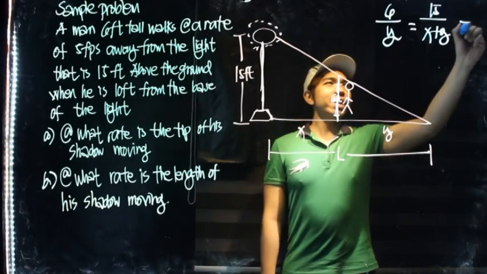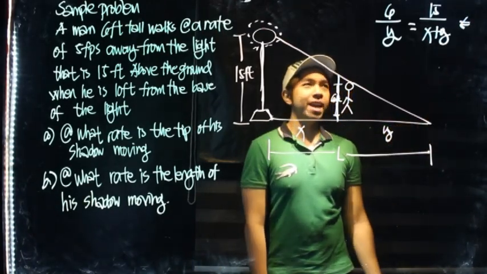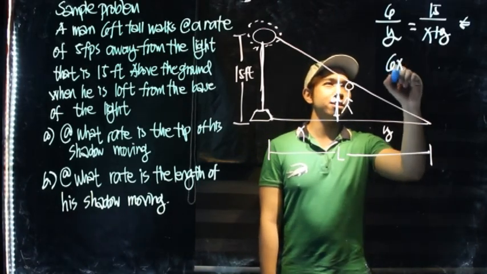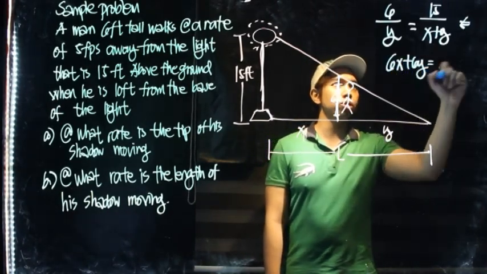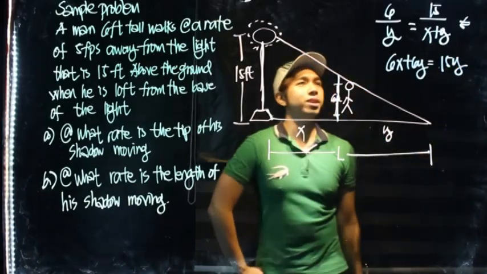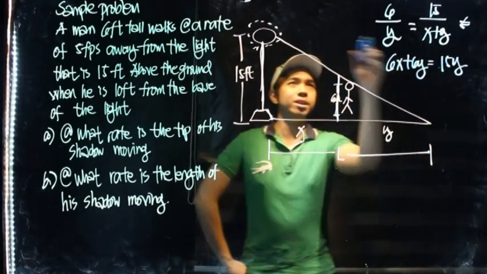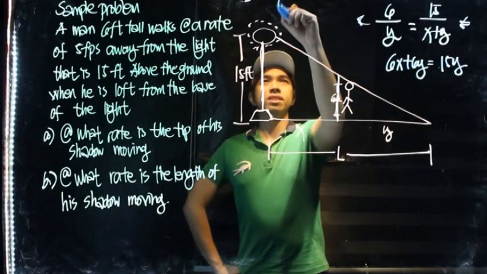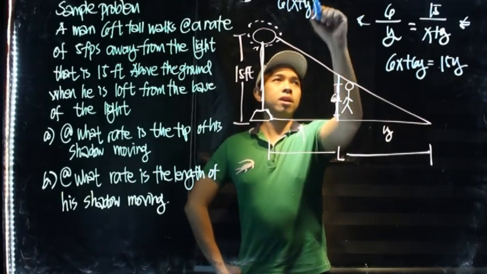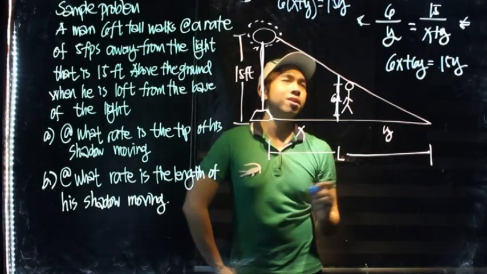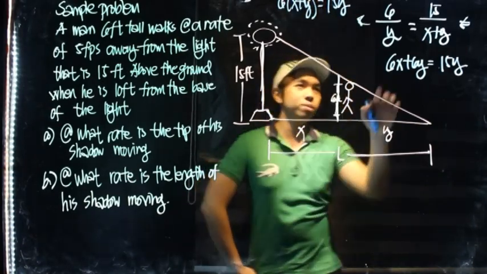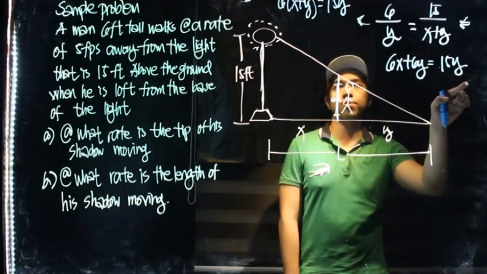So writing this equation in a single line of text, I'll have 6(x plus y) is equals to 15y. Okay. So how do I write this equation? Okay. So to be clear, that would be 6 times (x plus y) is equals to 15y. Okay. So distributing this, that would be 6x plus 6y is equals to 15y.